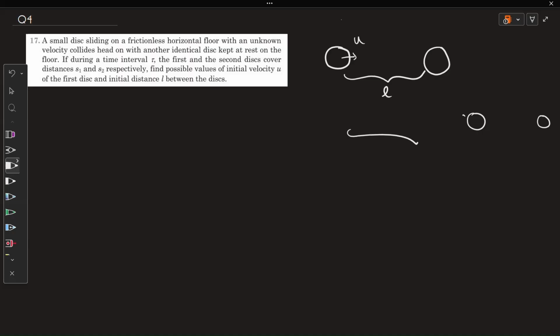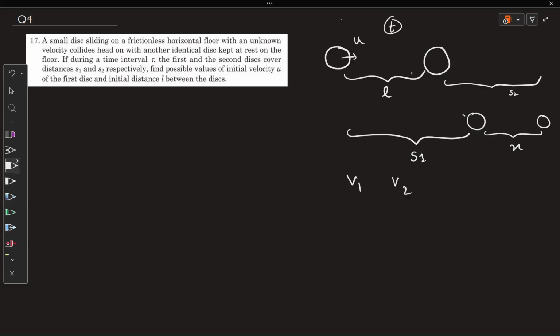So the overall distance covered by disk 1 in time tau is s1 and disk 2 is s2, and let the final distance between the disks be x. Now, just after collision, disk 1 gets a velocity v1 and disk 2 gets a velocity v2. The time taken for the collision, let's assume as small t.